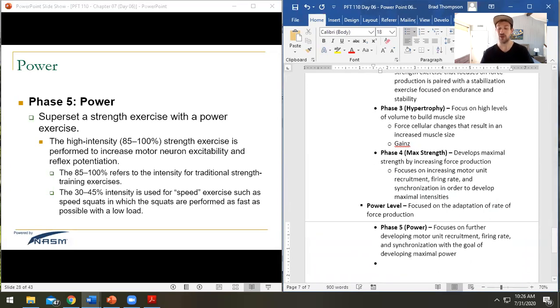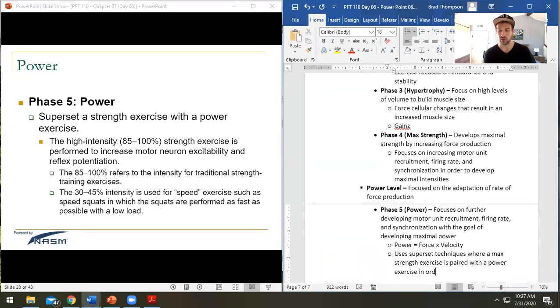And we know that power is a formula. Power equals force times velocity, right? So we are addressing both of those in the power phase by using superset techniques, where a max strength exercise is paired with a power exercise in order to address both sides of the power equation.